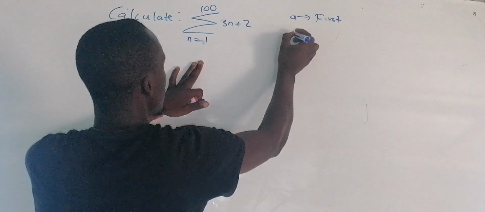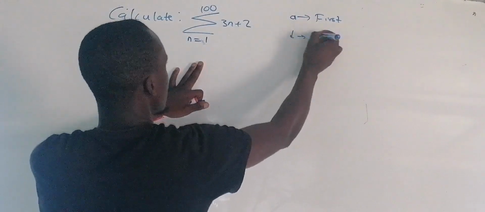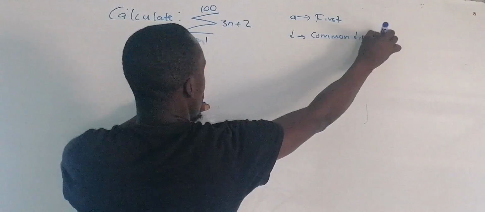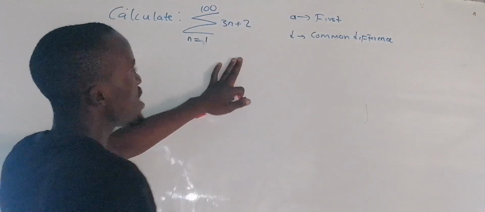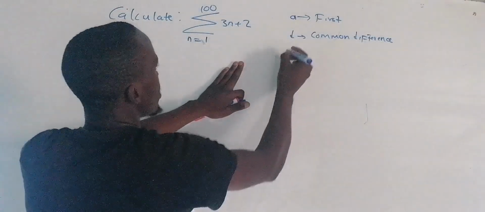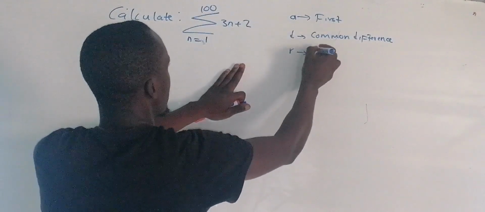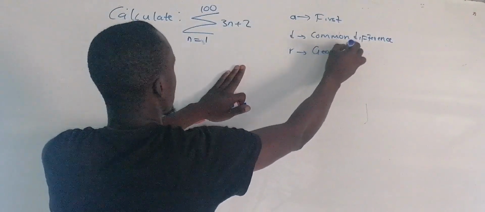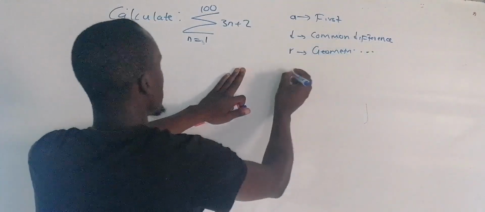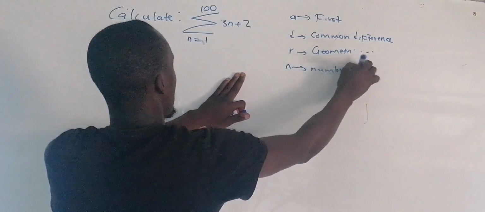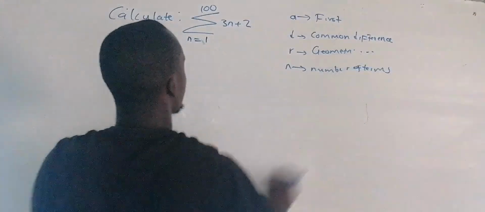You must know the value of d, which is the common difference if it's arithmetic or linear, or the value of r if it's geometric. You must know the value of n, which is the number of terms.